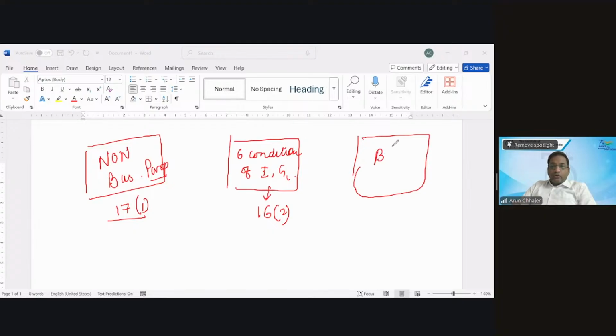If it is used for business purpose but it is covered in the blocked credit, where is it written? What we are discussing now: 17 subsection 5.